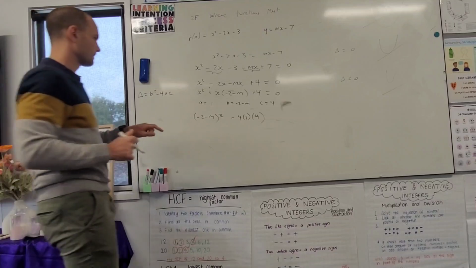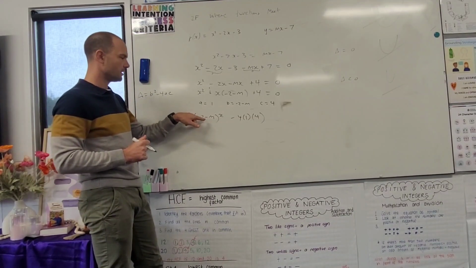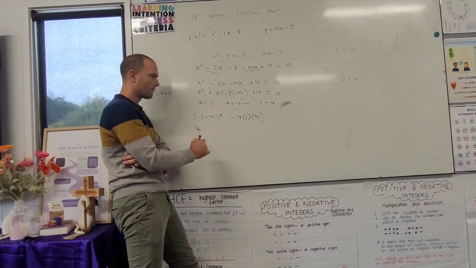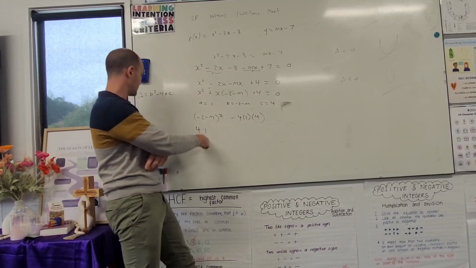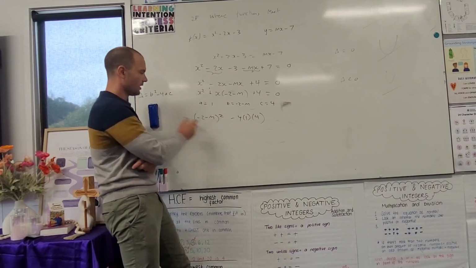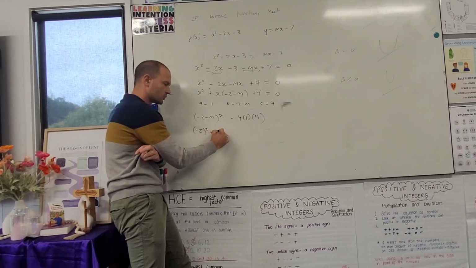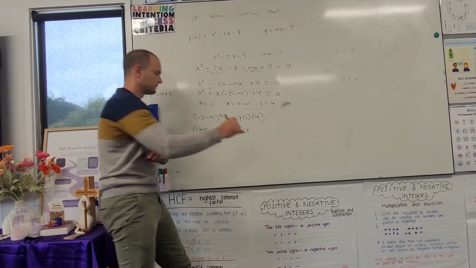All right. So when we perform this square here, it's a little bit tricky, but basically everything's going to be positive. Let's do it slowly, sorry. We have minus 2 squared plus 2 lots of minus 2 times m plus m squared.